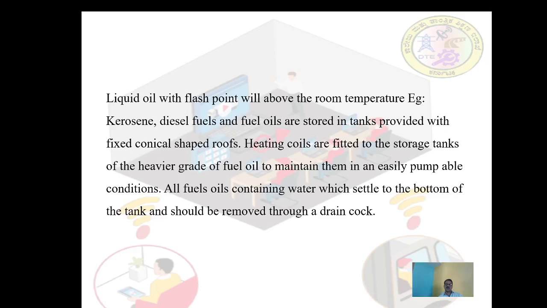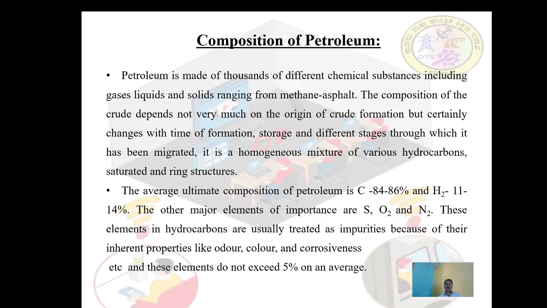Heating coils are fitted to the storage tanks of the heavier grade of fuel oils to maintain them in an easily pumpable condition. In all fuel oils containing water, the water settles at the bottom of the tank and should be removed through drain cocks.